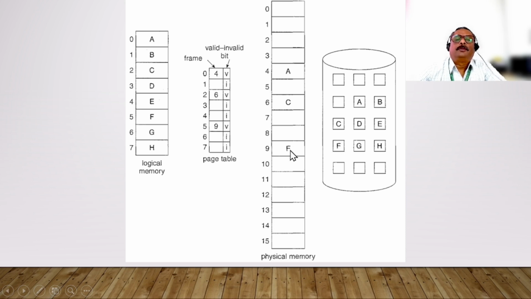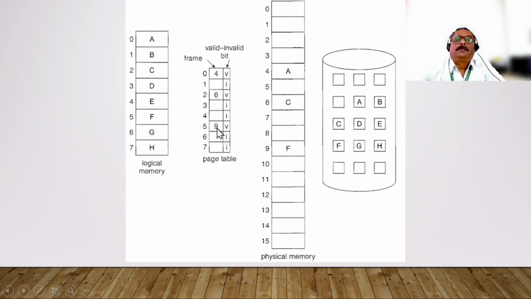Say if we want to move out F, and in place of F we want to get B, then F is replaced with B. So B comes here at frame number 9, and this invalid bit will become valid, and F is no more existing. F is location 5, and here it was 9.